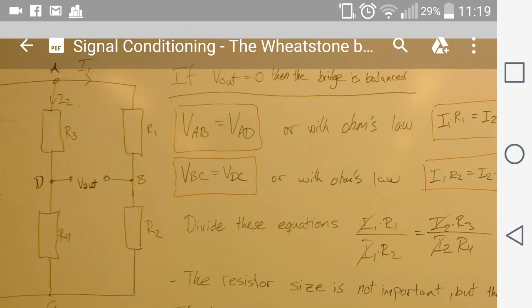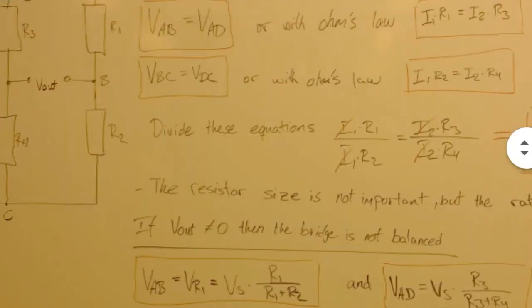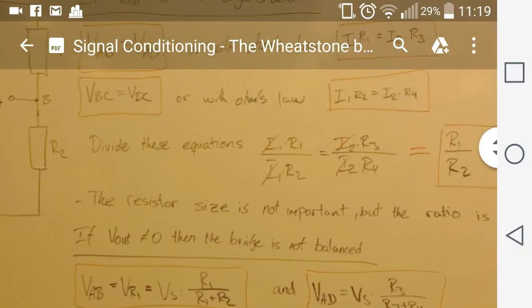And then that must mean that the voltage drop VBC between node B and C and VDC between node D and C is equal. And if we write it with Ohm's law, we have that the current I1 times the resistor R2 is equal to the current I2 times the resistor R4.